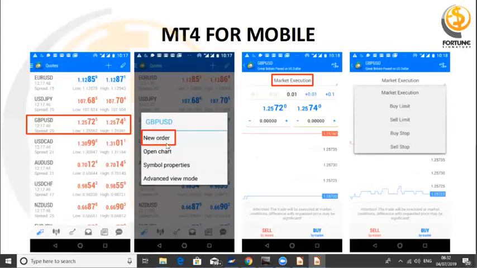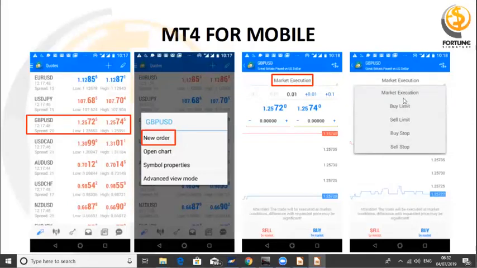All right. If you go to new order, it brings you to this environment, and the environment is similar to what you have on the desktop. You can choose between market execution and other types of orders. So if you click on this arrow here, you can see the little arrow on the market execution.